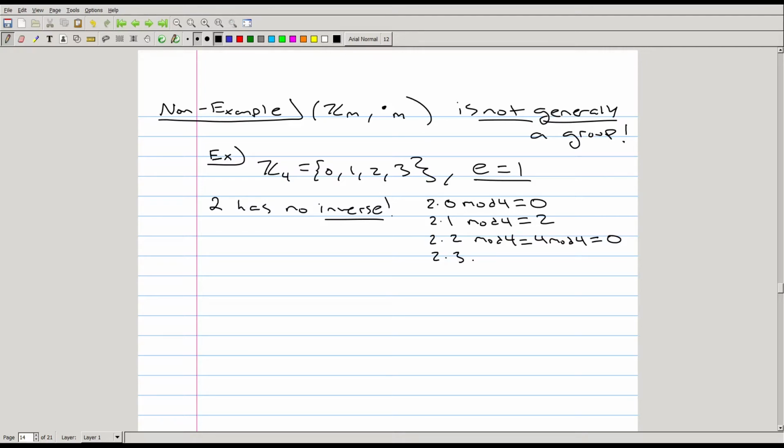And 2 times 3 mod 4 is going to be equal to 6 mod 4, which is 2. So we very clearly see that 2 has no inverse. There's no element in this set of 4 elements such that the multiplication of 2 with this element is equal to 1, and therefore this is not a group.